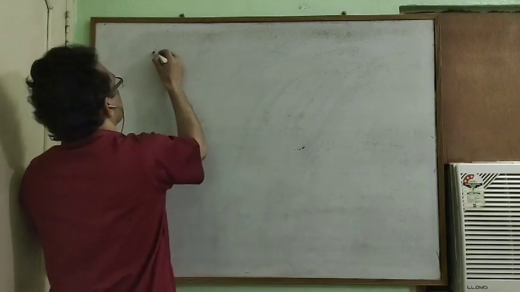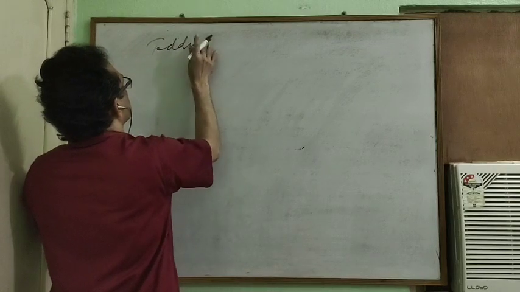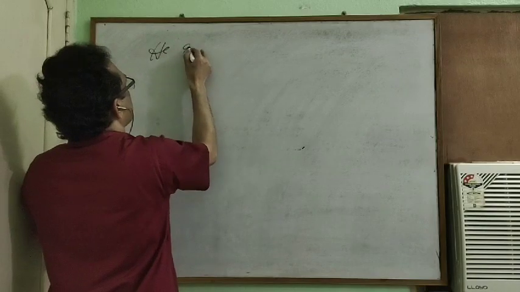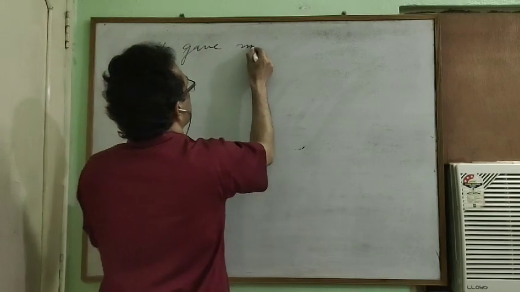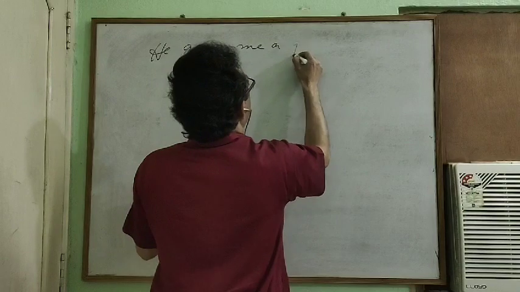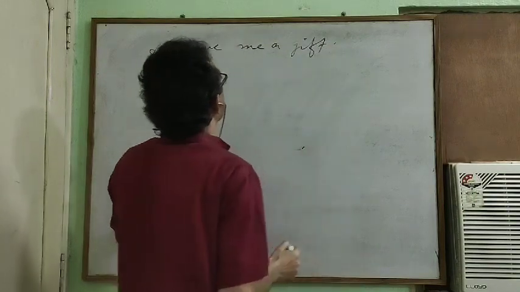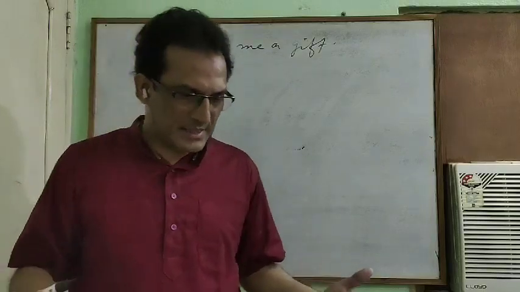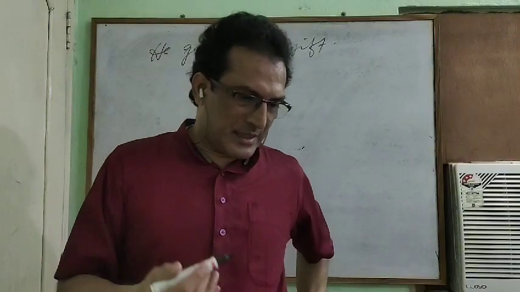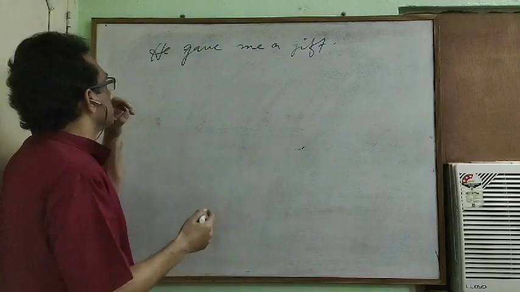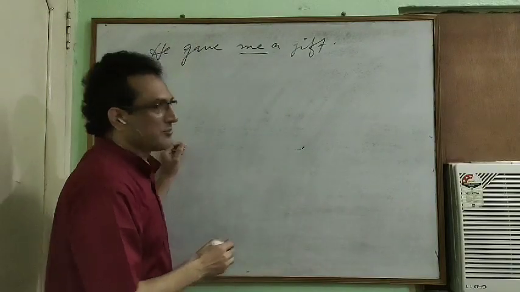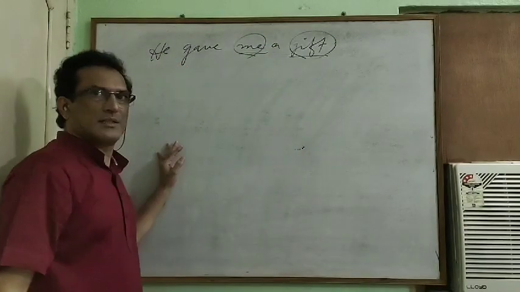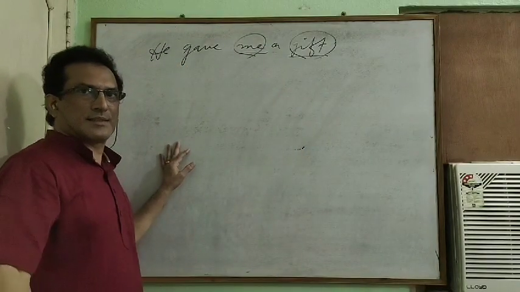For example, he gave me a gift. In this case, see, two objects are there. One is me, indirect object, and gift, direct object. So either of these we can take as the subject of the passive.